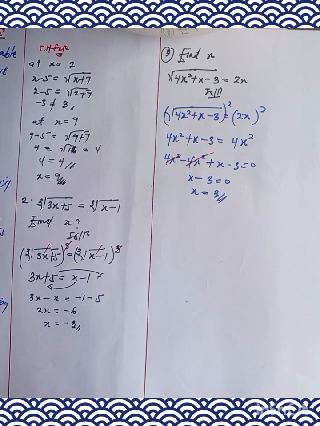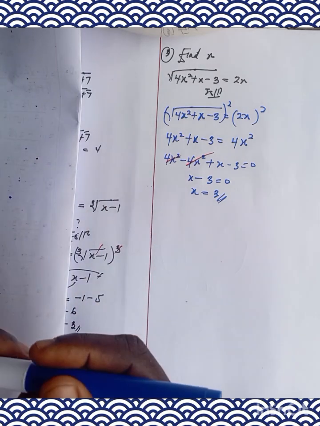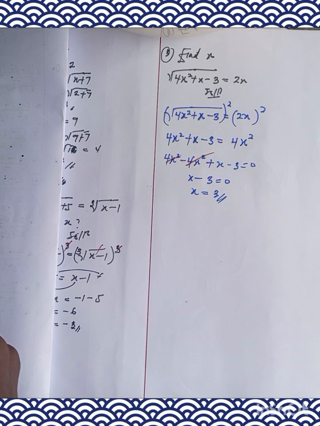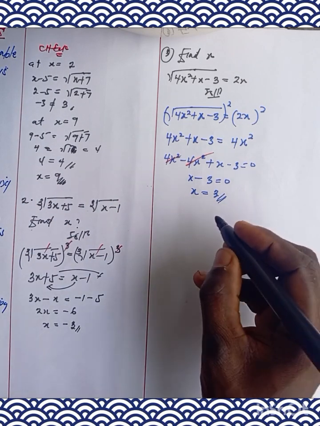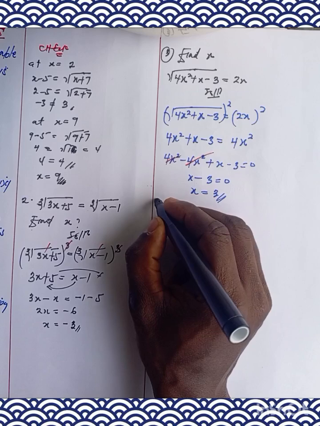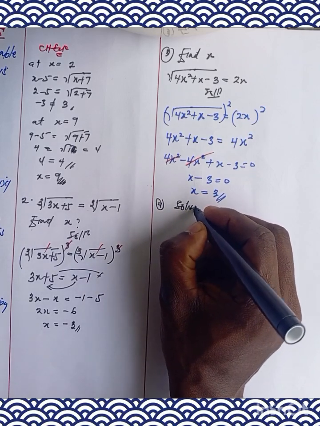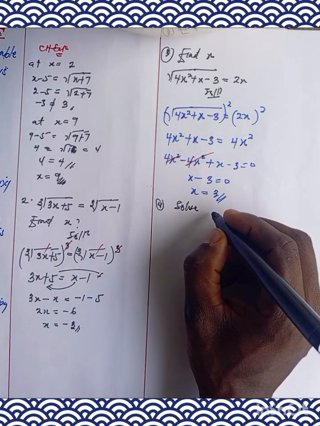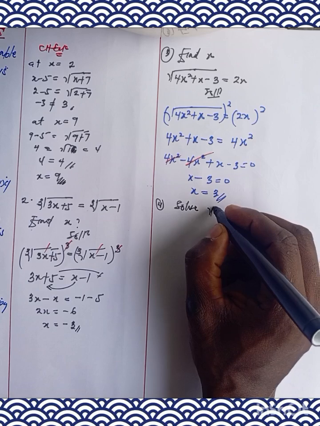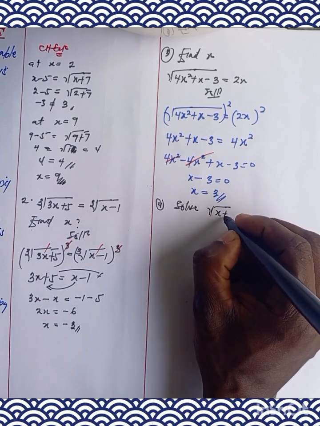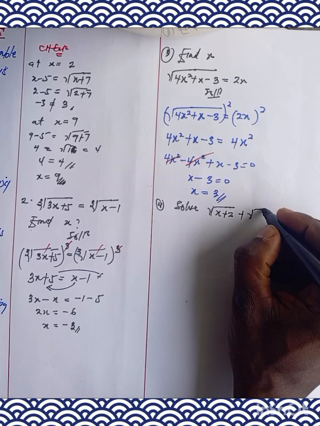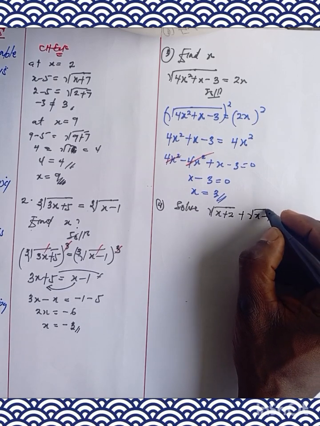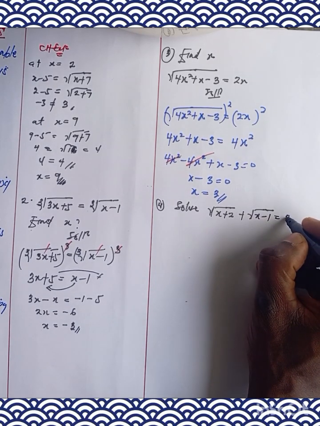Let's look at the last example. We have to solve root of x plus 2 plus root of x minus 1 is equal to 3.